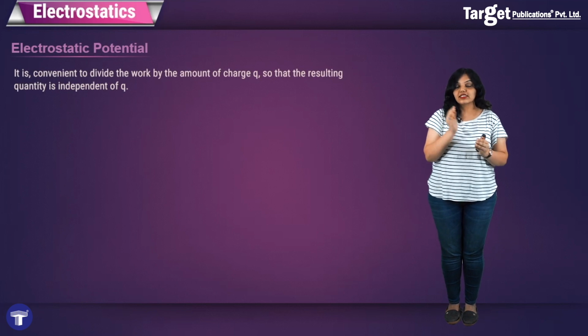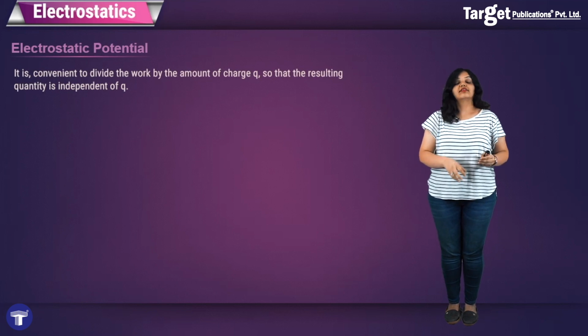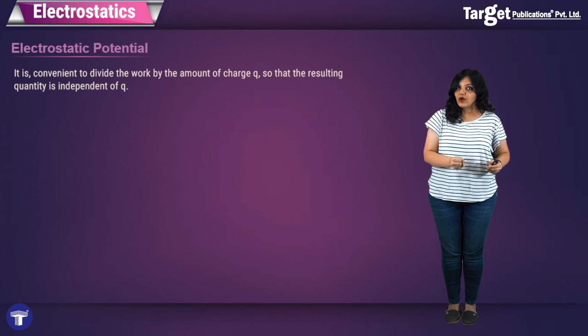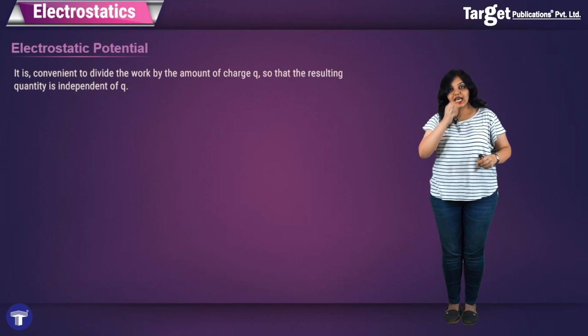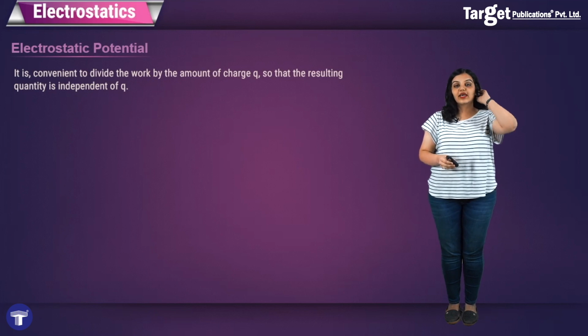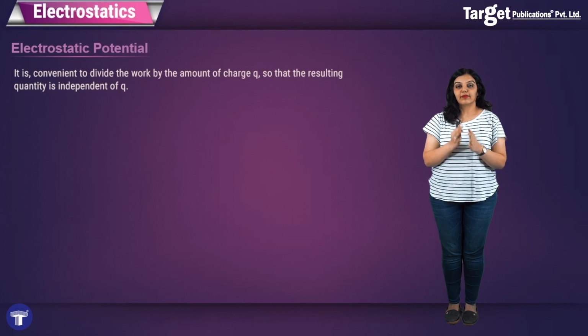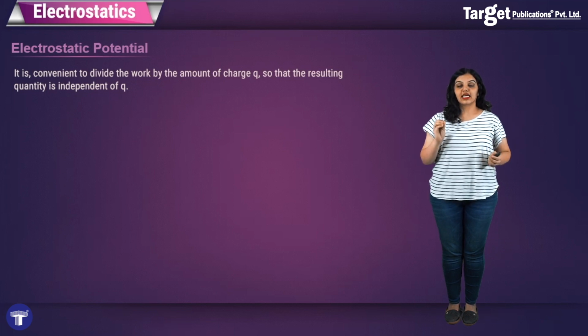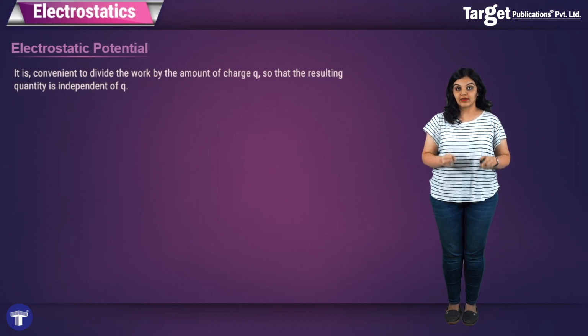So if I'm saying it is independent of charge, this means that what I'm going to do is take the formula for the electrostatic potential energy and simply divide it by the amount of charge to get me the quantity, that is electrostatic potential. So I say that you divide the work by the amount of charge Q so that the resulting quantity is independent of Q. And this quantity which is independent of Q is the electrostatic potential.